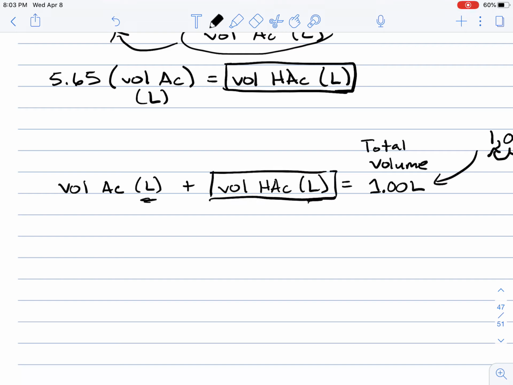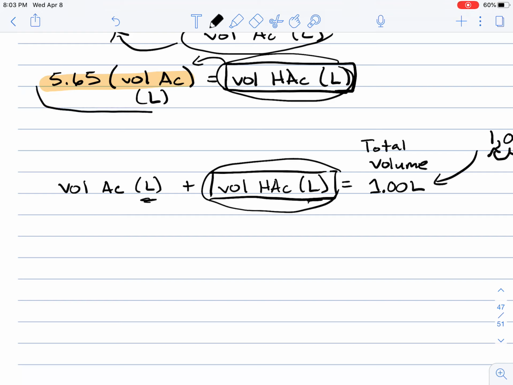According to the Henderson-Hasselbalch equation, 5.65 times the volume of acetate in liters is equal to the volume of acetic acid. So I'm going to substitute this term for what it equals.